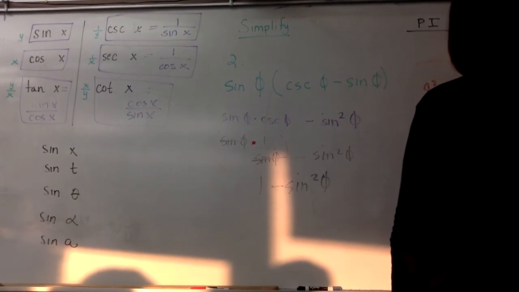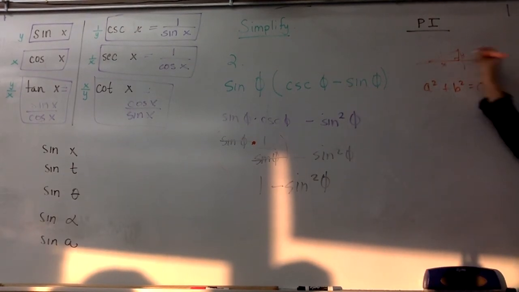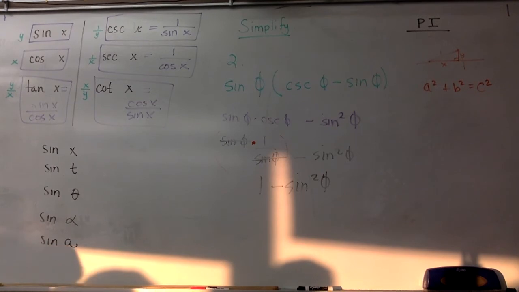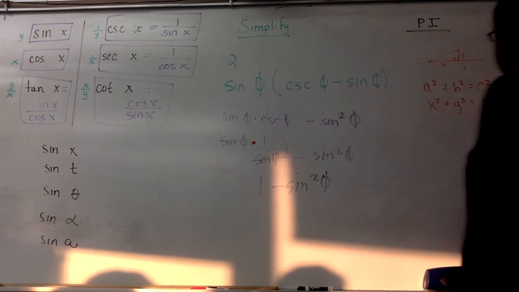Come over here. Here, this is y, this is x, this is 1. All right, so now, right triangle, x value, y value, 1 is the hypotenuse. What would that Pythagorean theorem statement be? Yep, x squared plus y squared equals 1 squared.